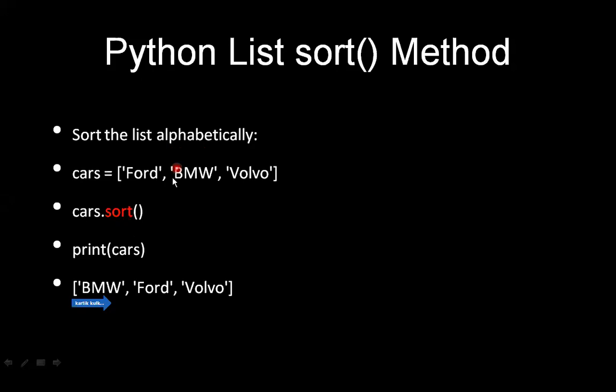In the alphabetical order, B is the first one, so BMW will be printed first, then Ford will be printed, and then Volvo will be printed.